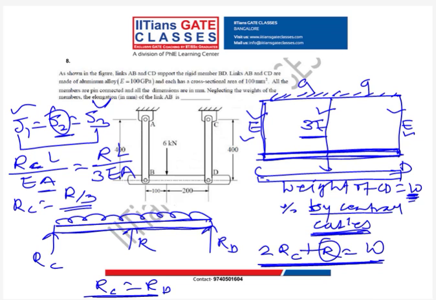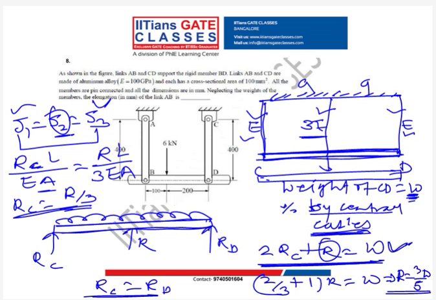Now substitute this RC in this equation. So what will I get? I'll get 2 by 3 plus 1, into R, is equal to W. So R will be 3 by 5 W. So that means the middle one will carry 60% of the weight, which is 0.6 times W. Is it clear?